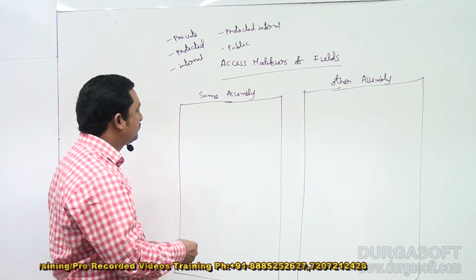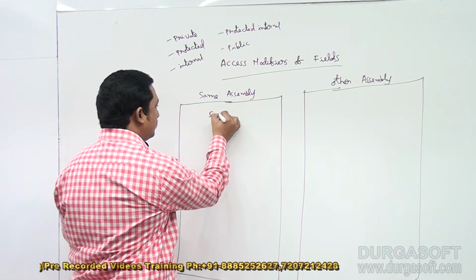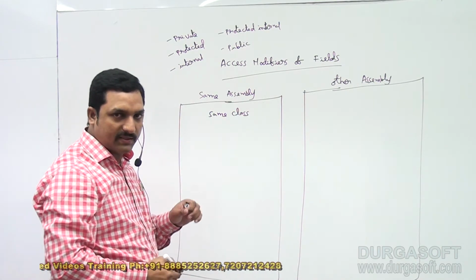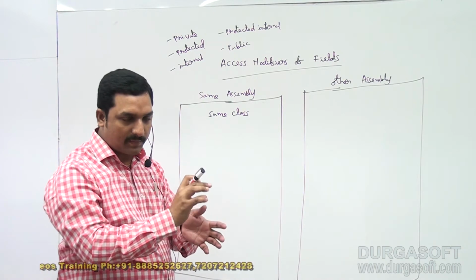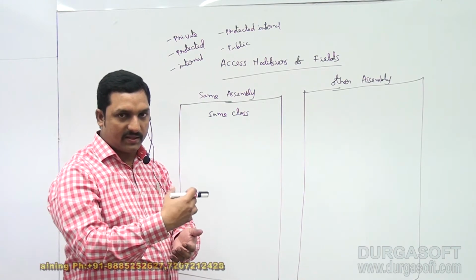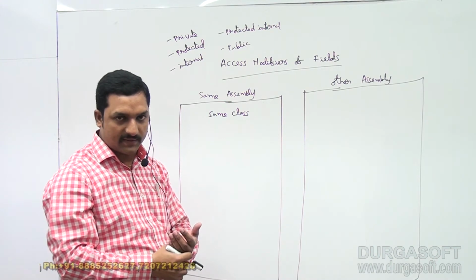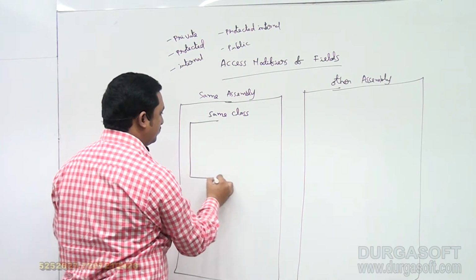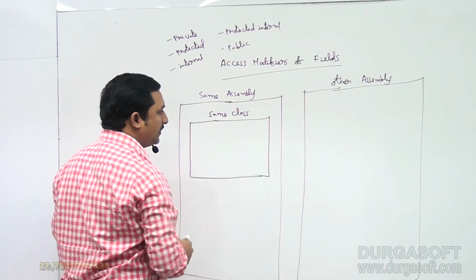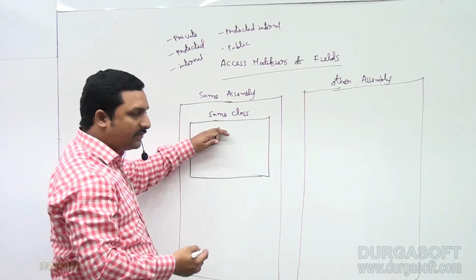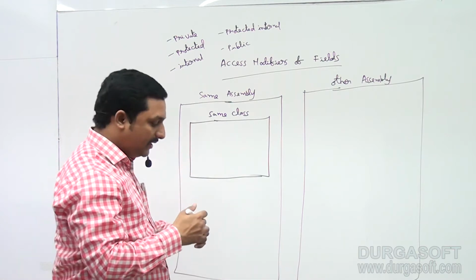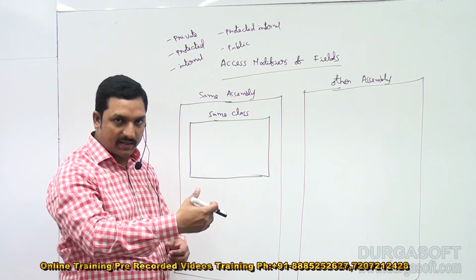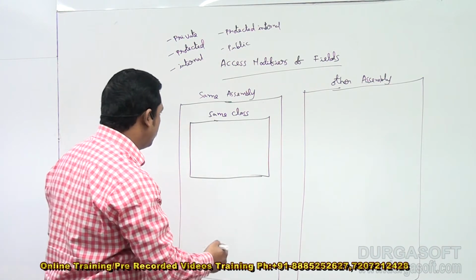Okay, now check it. We have the same class. Same class means presently you are pointing to one particular class. For example, you are developing the student class. That student class itself is called the same class. And for the same class, we can create the child class. In object-oriented programming, we have the inheritance topic. Based on the parent class, we can create the child class. So, we can create which one?